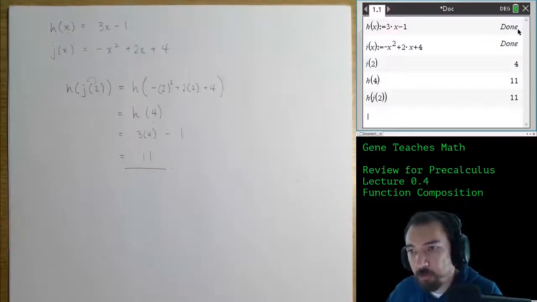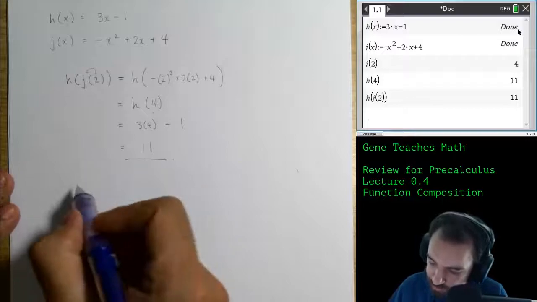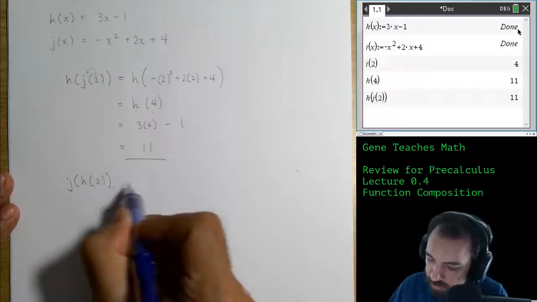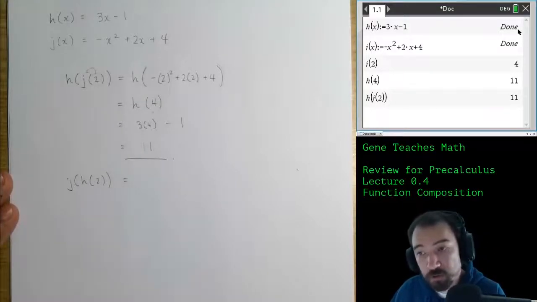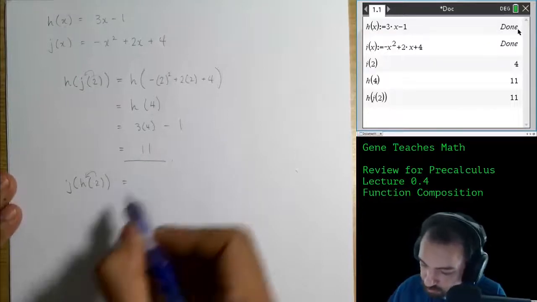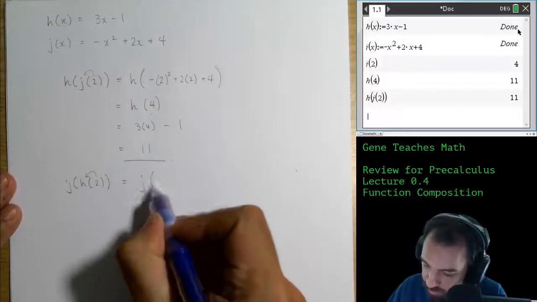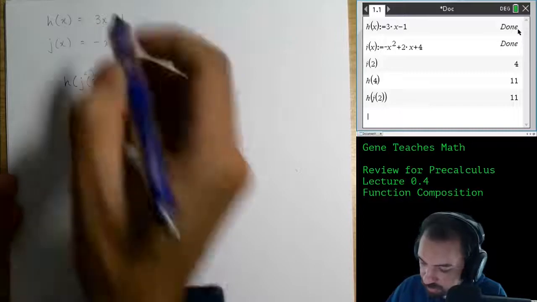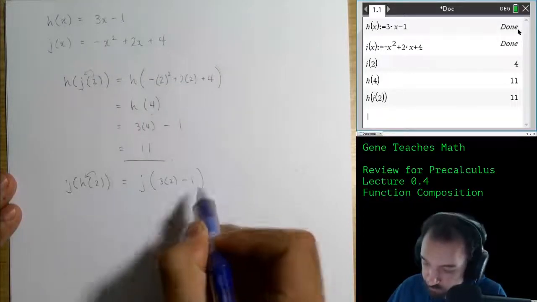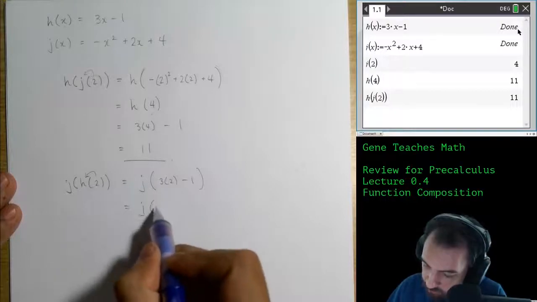Now, what if I decided to say j of h of 2 instead of h of j of 2? So the order is different. The 2 is now going to become the input for h. So let's try that. I'll write the j, and in the parentheses, I will take 3 times 2 minus 1, which is 5. This becomes j of 5.